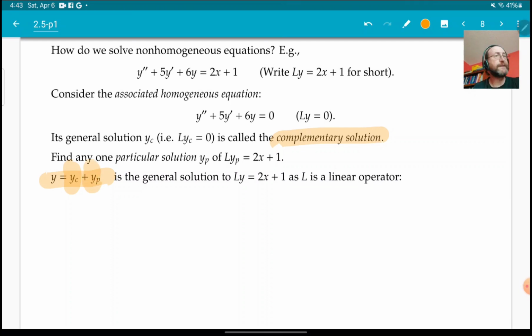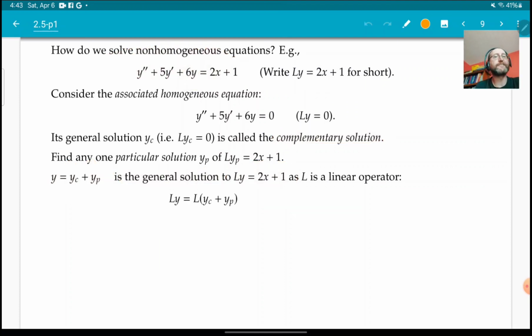And y sub p is there to get us the right-hand side, but it doesn't have any undetermined constants anymore. It's just some particular solution. And we claim that this is the general solution. It's not just a solution, it's actually going to give you all the solutions to the equation that we're interested in here.